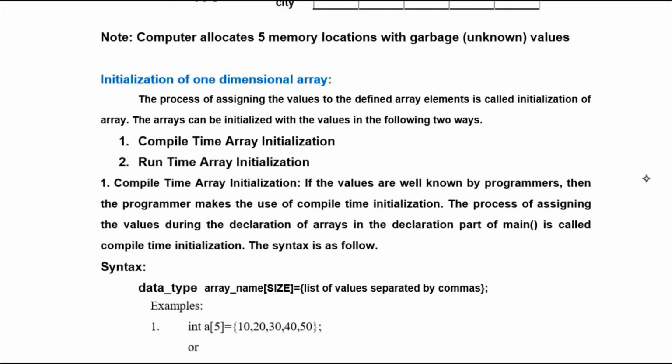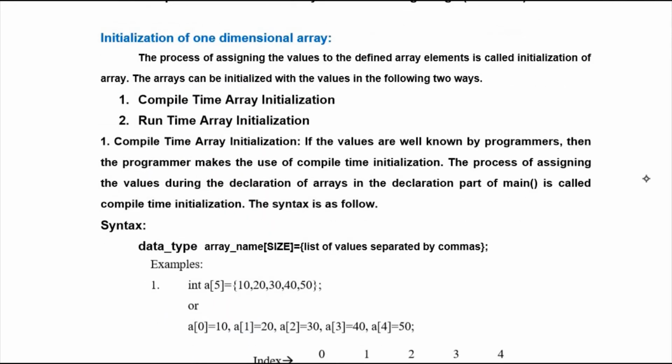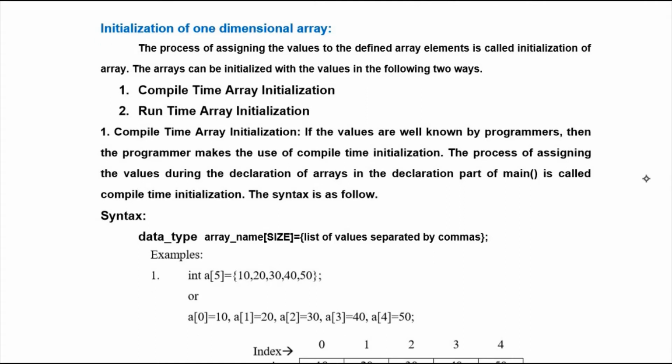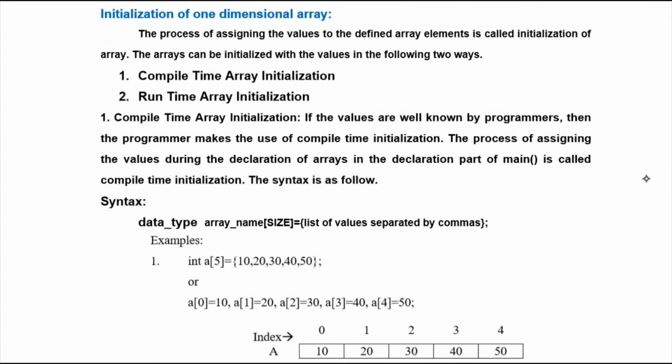Now, initializing a one-dimensional array. The process of assigning values to the defined array elements is called initialization of the array. Arrays can be initialized with values in the following 2 ways: compile time array initialization or runtime array initialization.